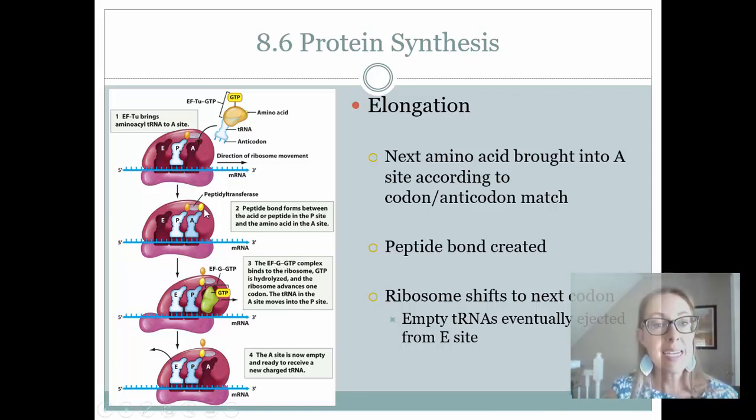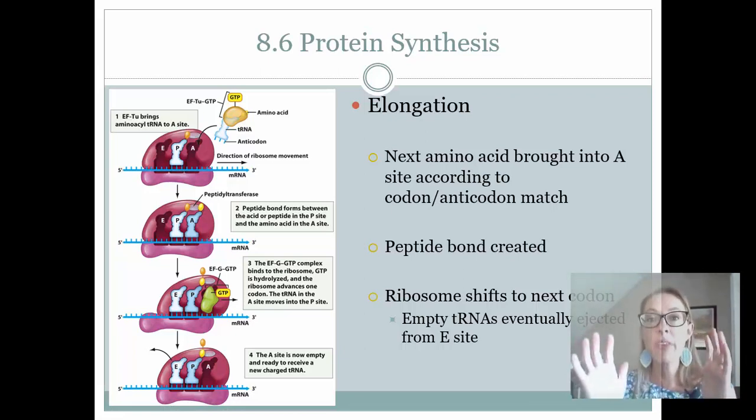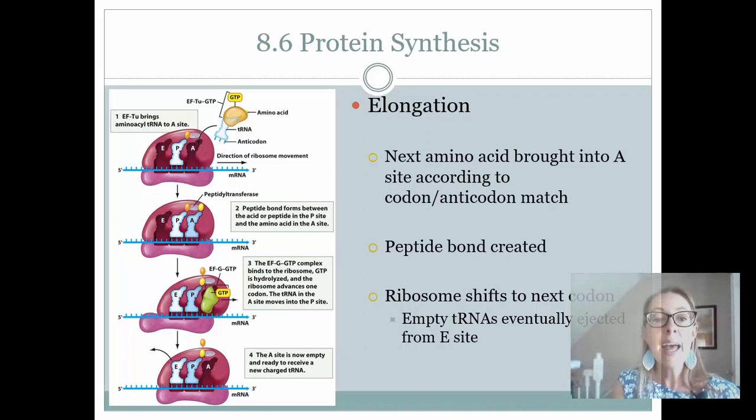What we see is a peptide bond forming between our 2 amino acids. And then we're going to shift that whole thing down, and we're going to have our empty tRNA eventually ejected or exited from that E site.